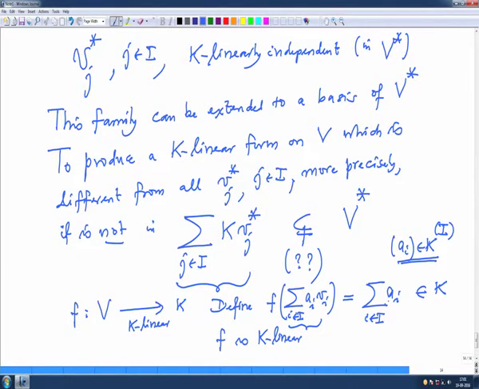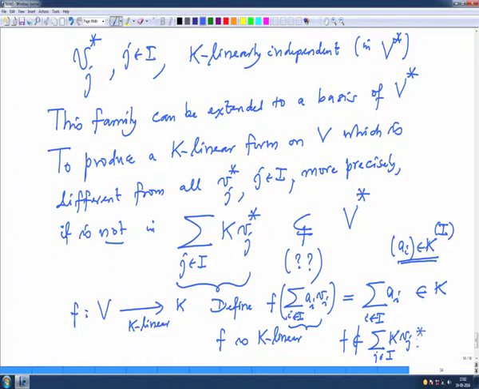If you have two finite sums like this, the sum and then applying F is the same thing as taking the sum of the coefficients. And also one has to check now that F does not belong to the subspace generated by the v_j stars.